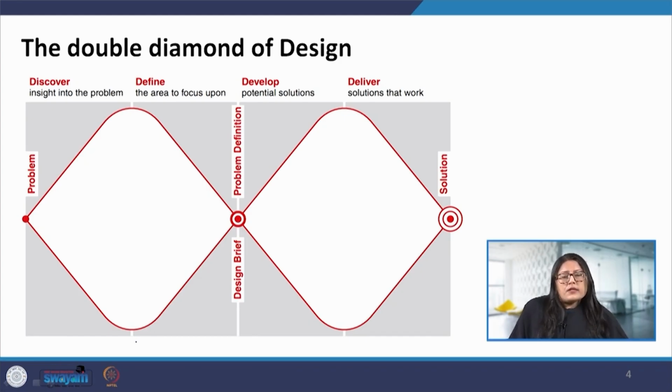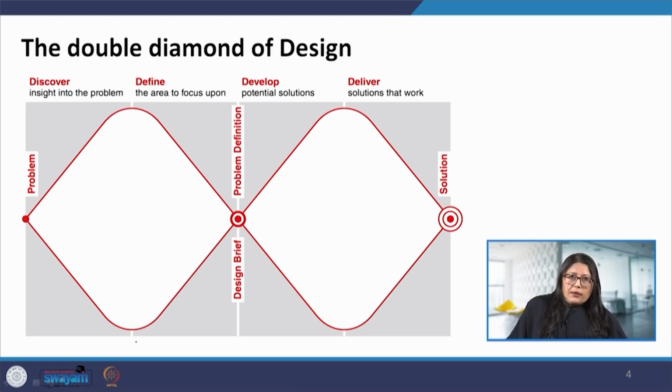Many companies whose products we interact with, such as Apple and Microsoft, use the double diamond process for problem solving. So, we can broadly break this process into 2 parts. One is the problem space and the other is the solution phase.